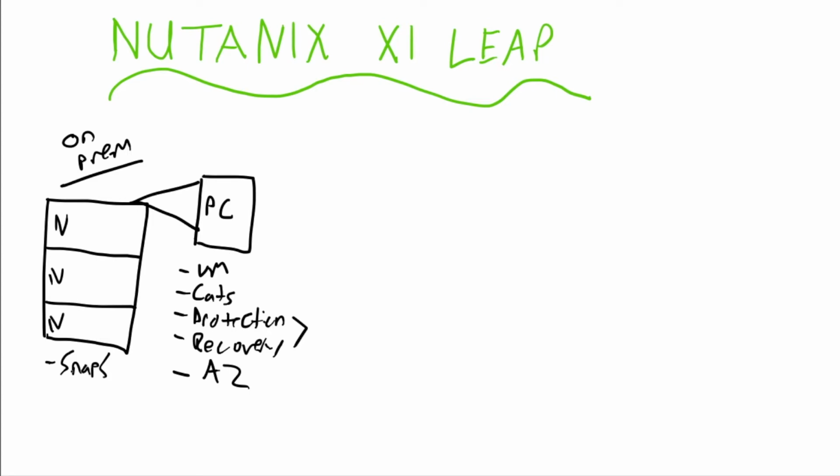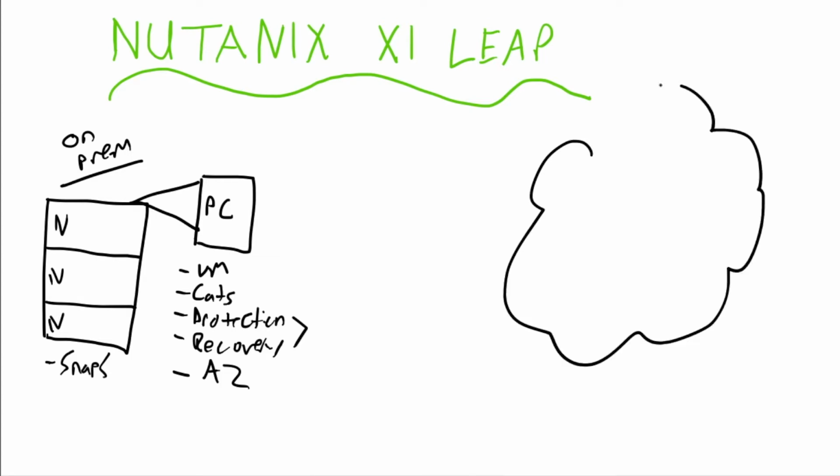Well, Leap in general comes in the Xi Leap or the Leap on-premise flavors. And the differences are basically the location that your recovery is going to be at. Xi Leap being in the cloud. This is our cloud. It's our service.